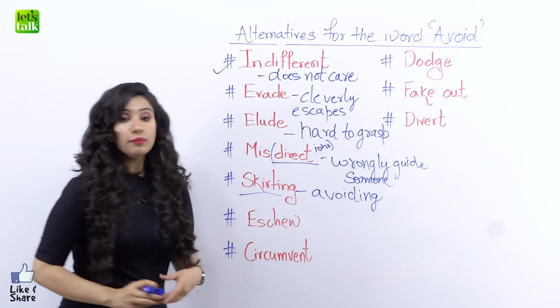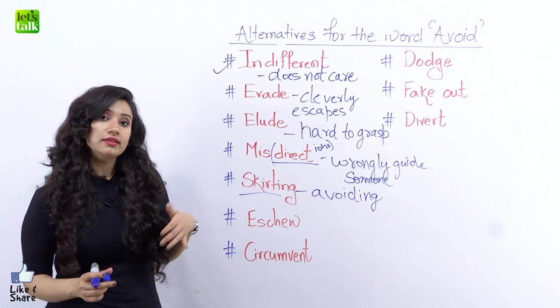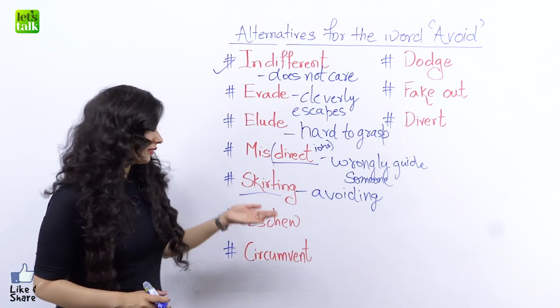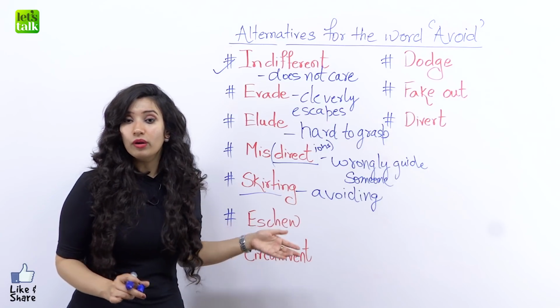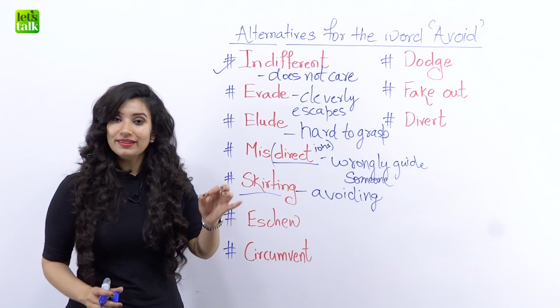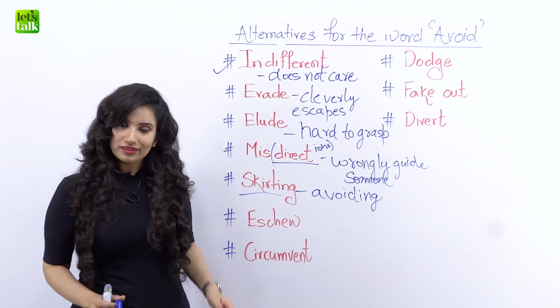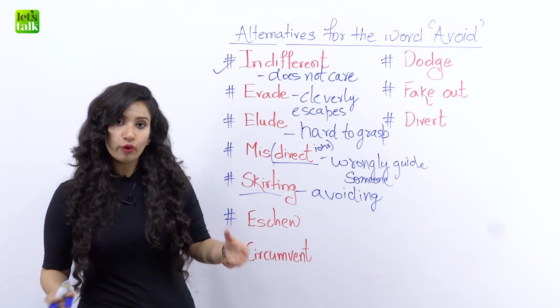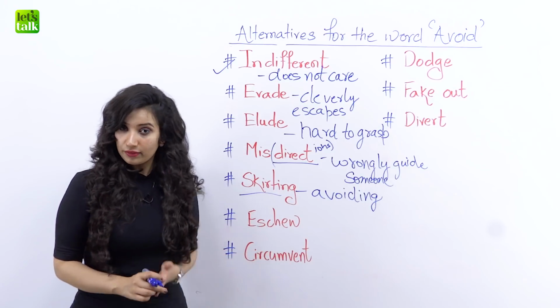We often see politicians avoiding some questions, right? So you could say that the politician was skirting questions about the latest scam, which means he was avoiding questions about the latest scam. And you could use it, of course, in a more formal situation, like in an essay or something like that.